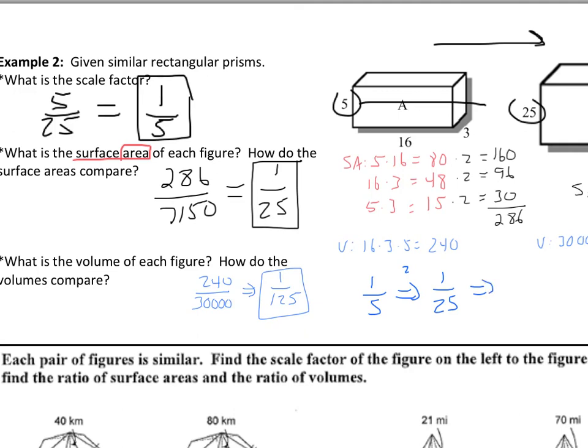I want to rewrite this. If we instead cube it, we get 1 over 125, the ratio of volumes, all coming from our scale factor. And that will come into play later in our applied questions. And this ends the video.